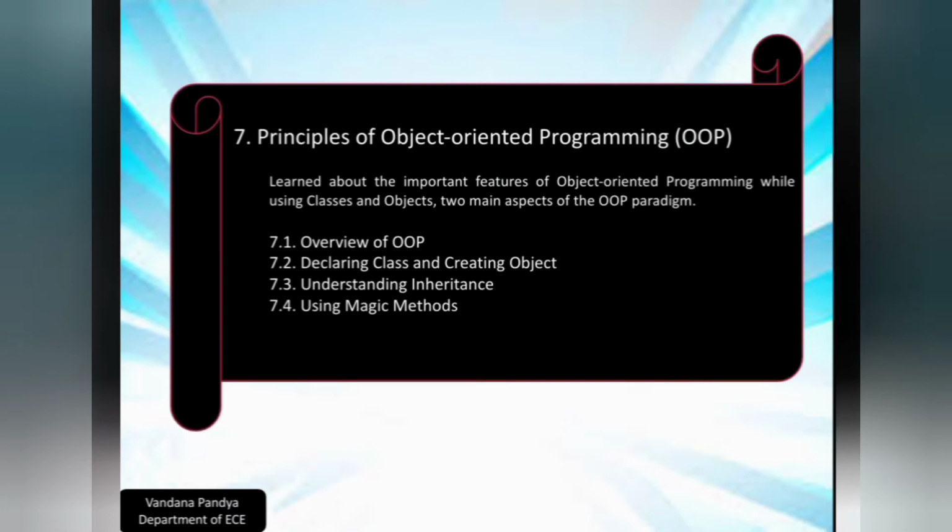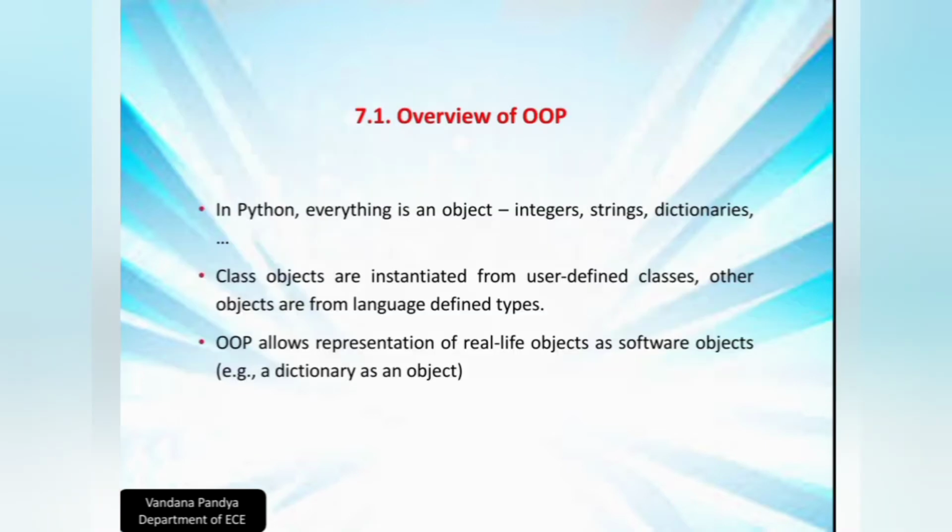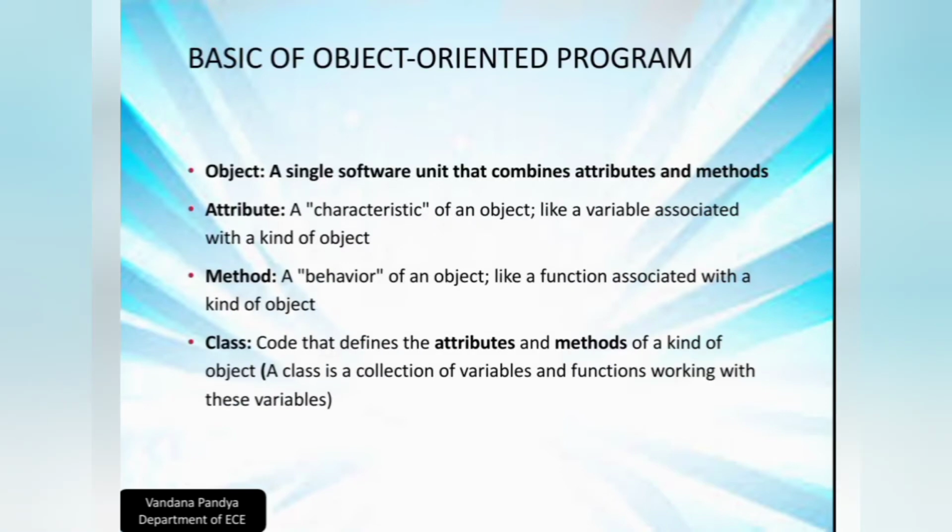Topic: principles of object-oriented programming, or popularly known as OOP. OOP allows representation of real-life objects. Basics of OOP constitute object, attribute, method, and class. Objects are a single software unit that combine attributes and methods.